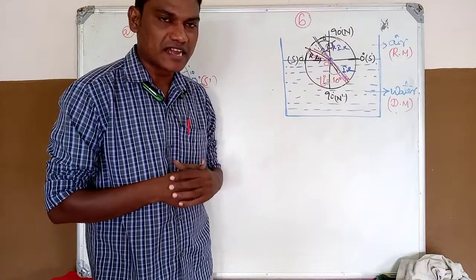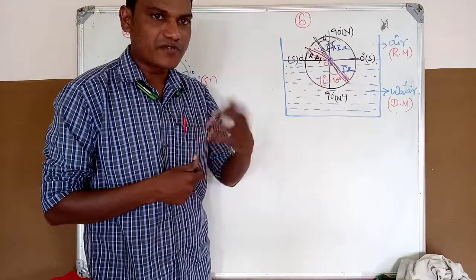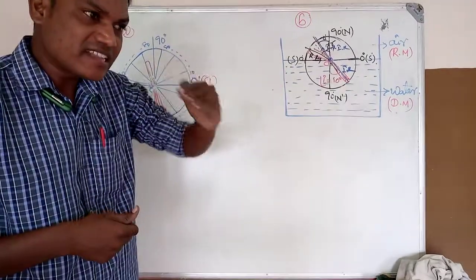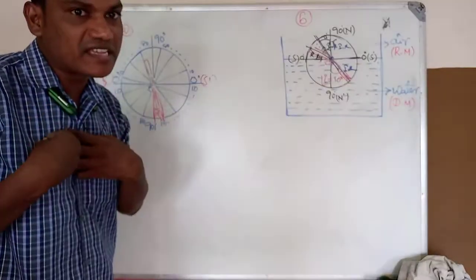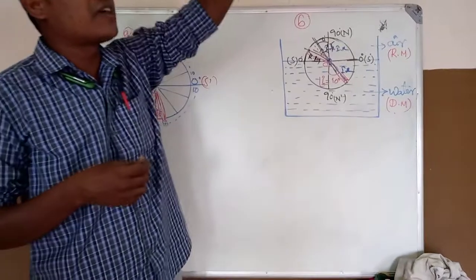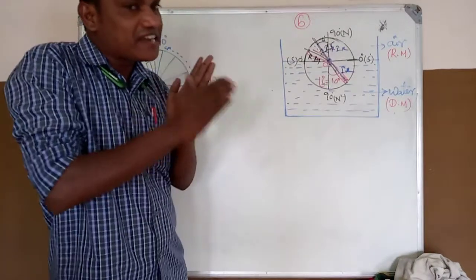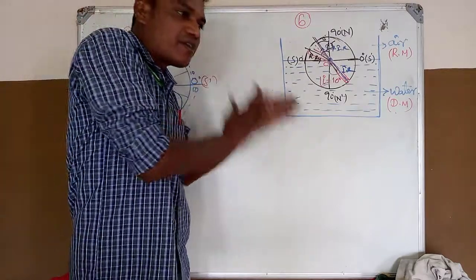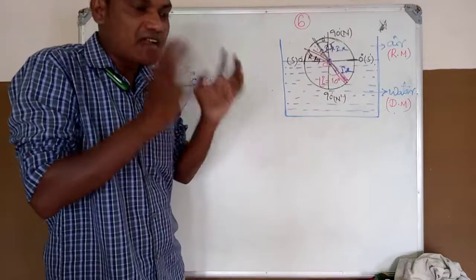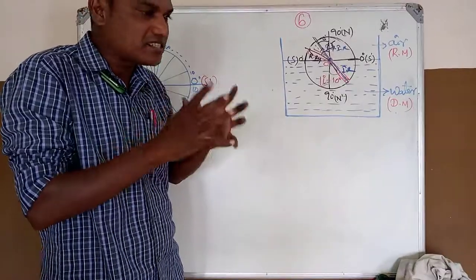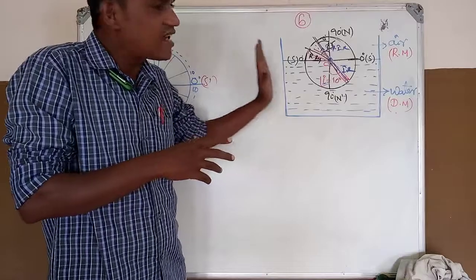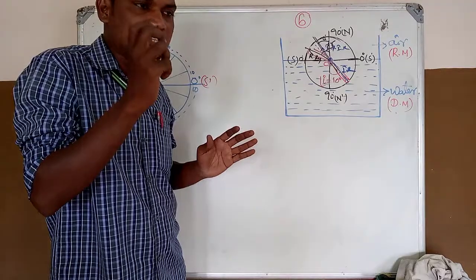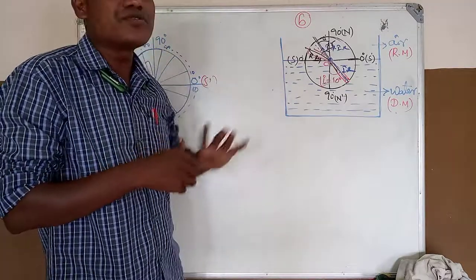And sometimes they say: experimentally prove or verify angle i is less than angle r. Angle i less than angle r means immediately you should think that light travels from denser to rarer. Angle i greater than angle r means immediately you should think that light travels from rarer to denser. In some cases they do not mention the mediums. If you are asked to prove angle i greater than angle r, the thought that should arise in your mind is that light travels from rarer to denser.